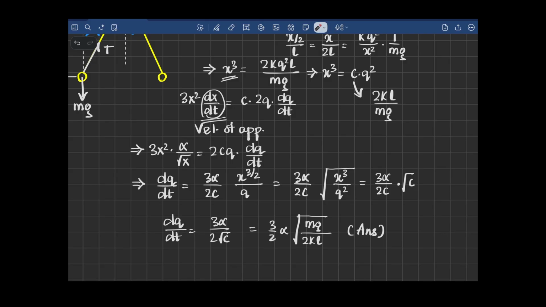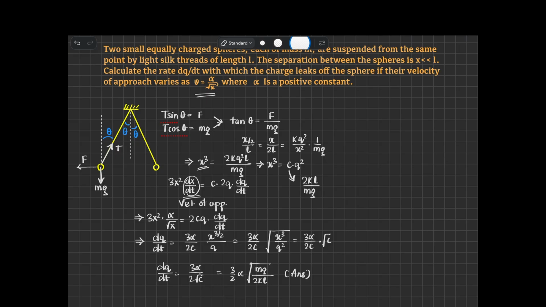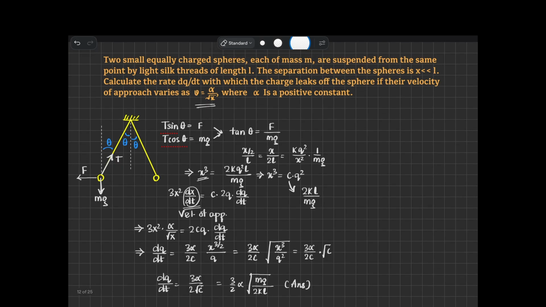In that case, in the denominator we will get x to the power 3 by 2. In this kind of arrangement, the alpha by c term will change, but x to the power 3 by 2 will come in the denominator. If we are given the values and we put the values, our final answer will anyway remain the same. So this is our final answer. So this is the complete answer.